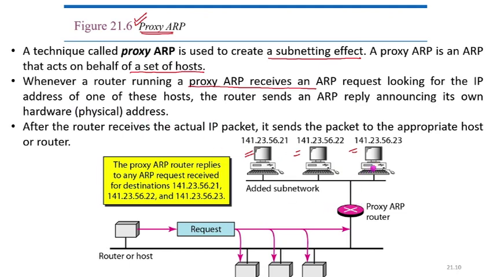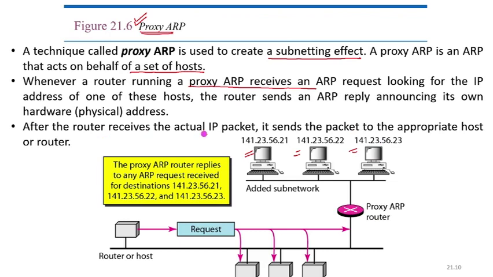So instead of sending the physical address of these hosts, the proxy ARP router sends its own physical address as the physical address of these devices. This is the basic idea of proxy ARP.